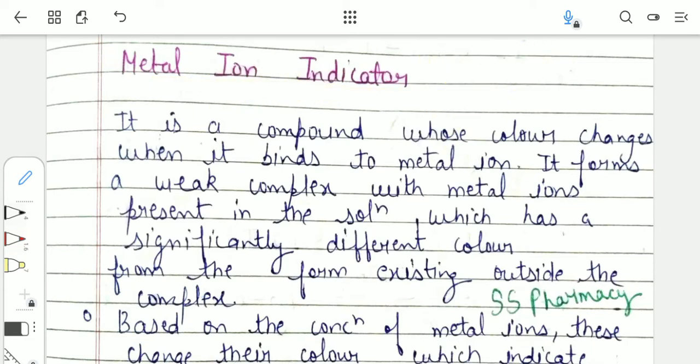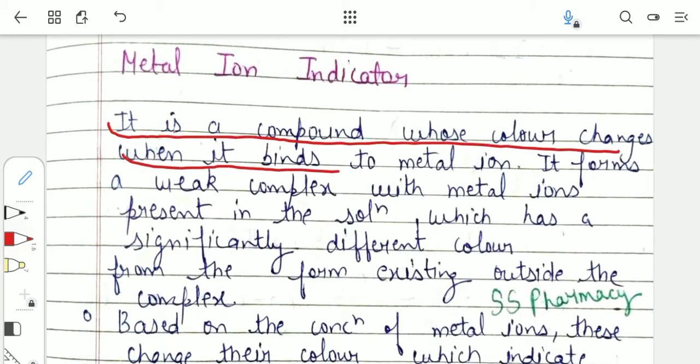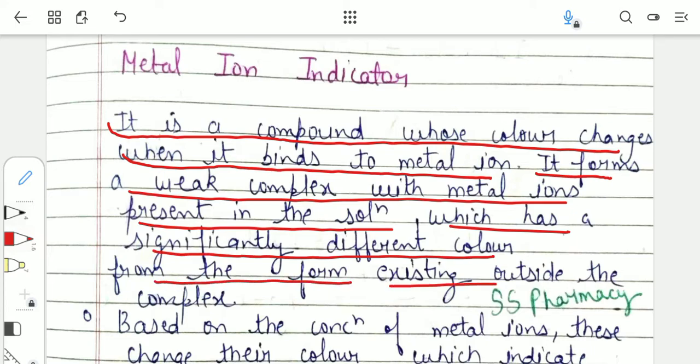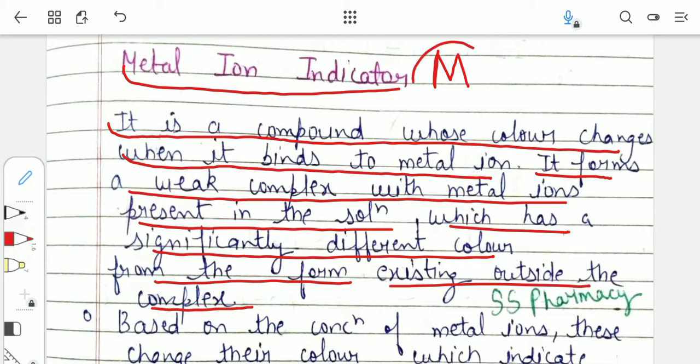Now let us see the definition for it. It is a compound whose color changes when it binds to a metal ion. So it forms a weak complex with metal ions present in the solution, which has a significantly different color from the form existing outside the complex. Whenever a metal ion indicator forms a complex with the metal ions, that complex has some different color, and whenever the metal ion indicator is present in a free state, it is of a different color.